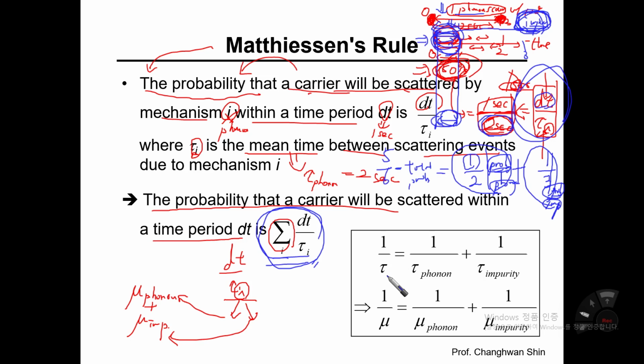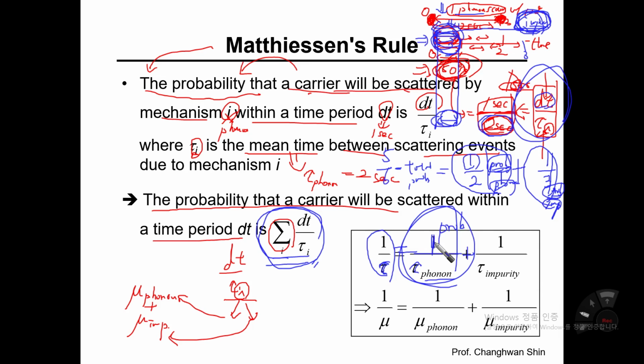So now the question is, 1 over tau, the average scattering time between two scattering events by any mechanism, is equal to what? 1 over the mean time between two scattering events only by phonon scattering plus, well, this guy indicates a probability.